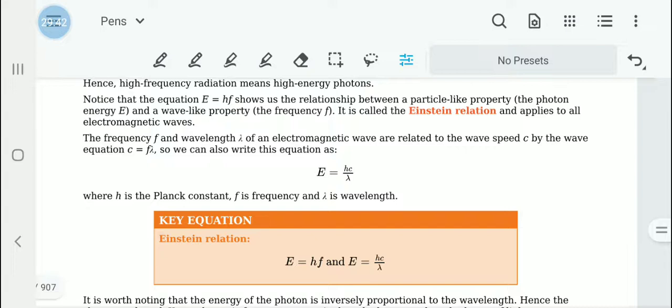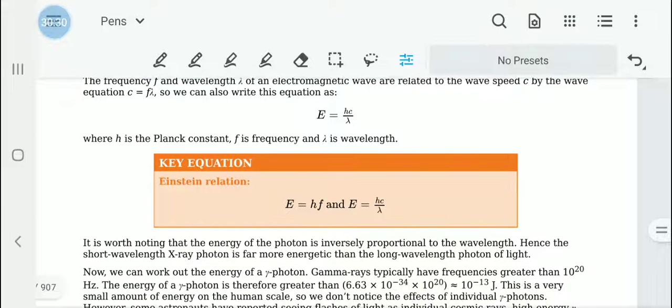The equation E equals hf defines how photons have the particle-like property as well as the wave-like property.